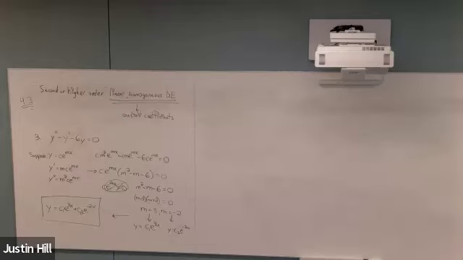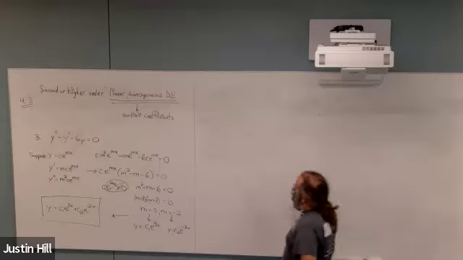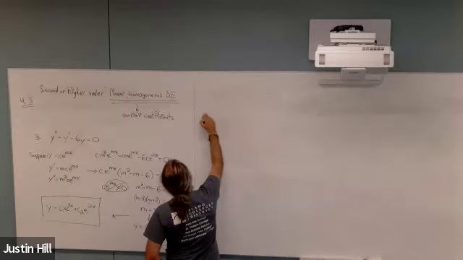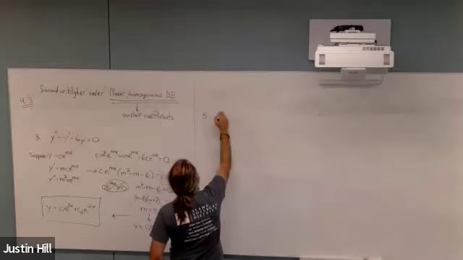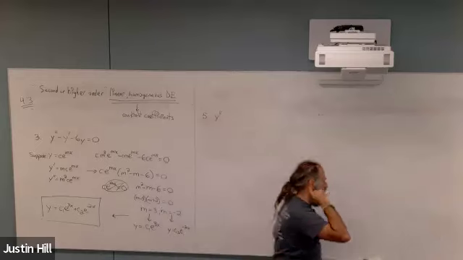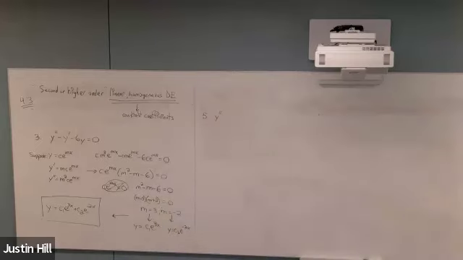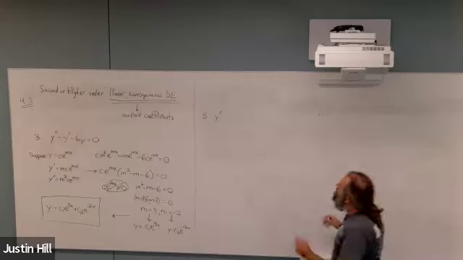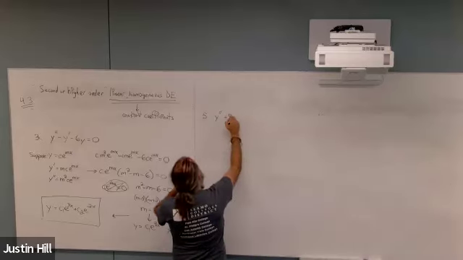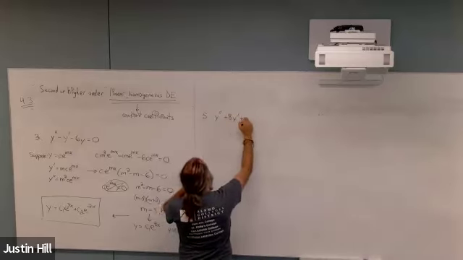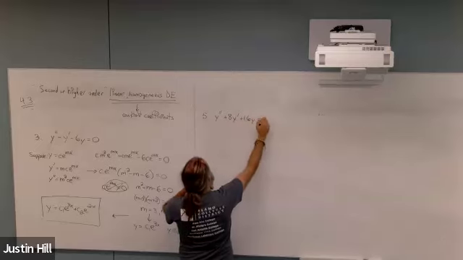All right, so that was 3. Let's look at 5. 5 is y double prime plus 8y prime plus 16y equals 0.